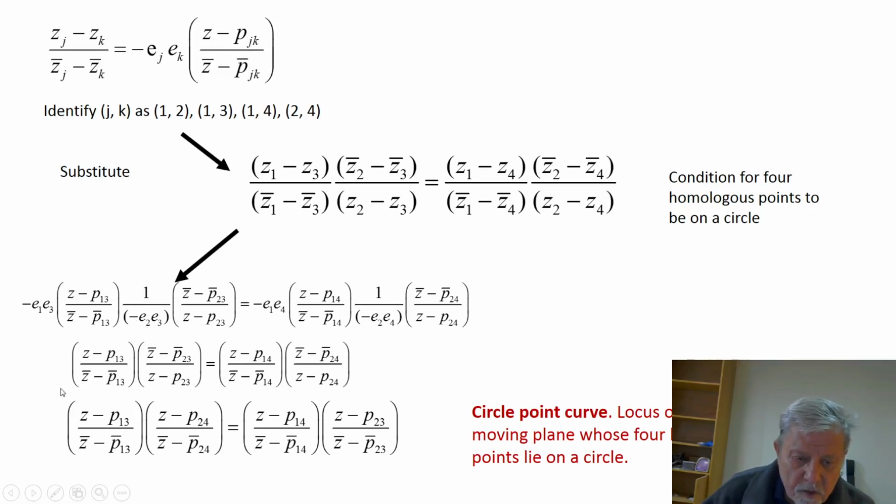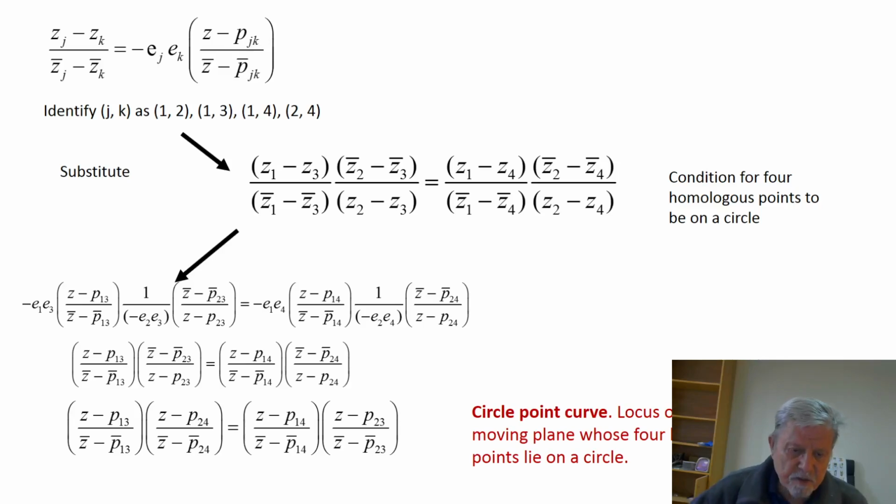So you end up with (z minus p13) divided by (z bar minus p13 bar) times (z bar minus p23 bar), (z minus p23), must be equal to (z minus p14), (z bar minus p14 bar) times (z bar minus p24 bar), (z minus p24). And this is also equal to e to the 2i beta.